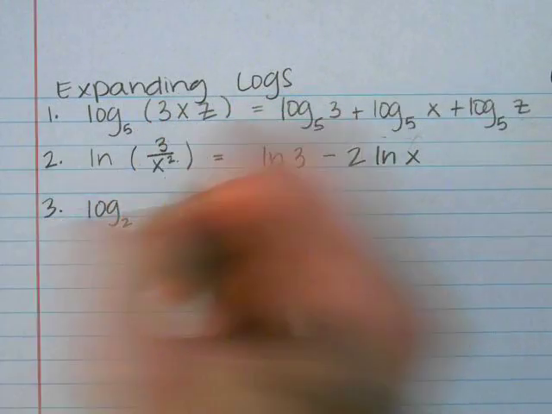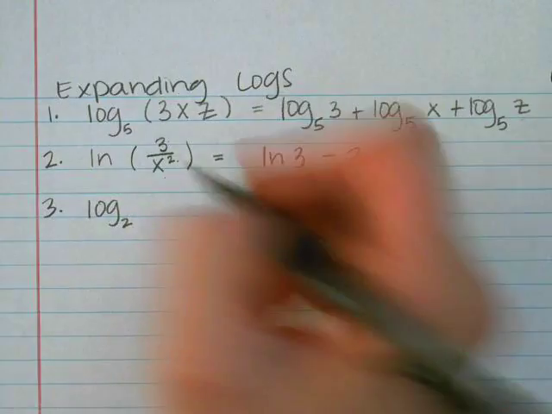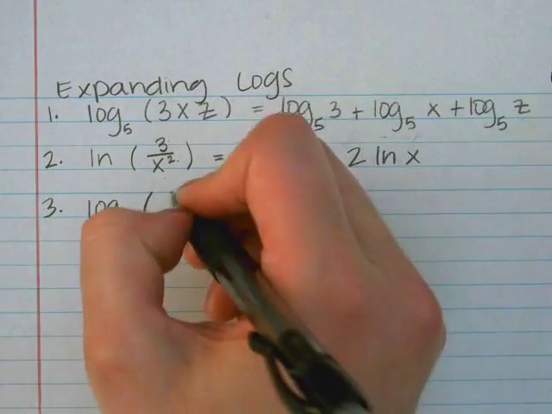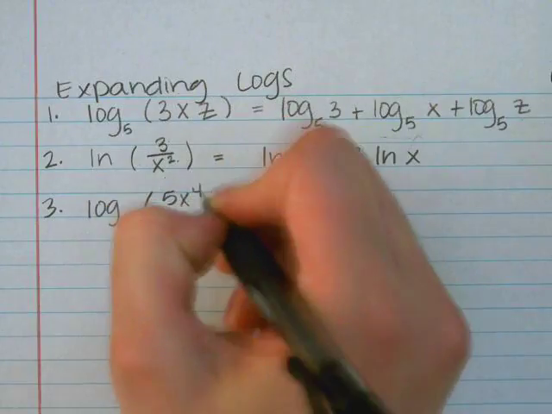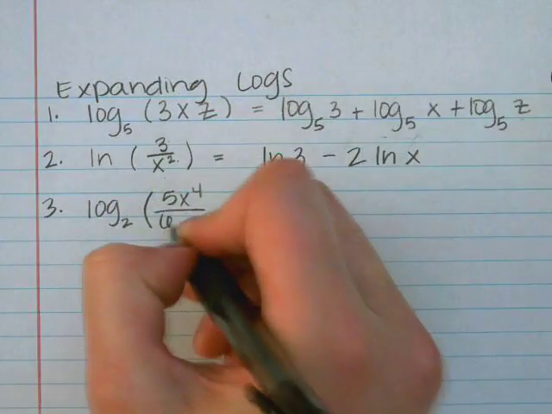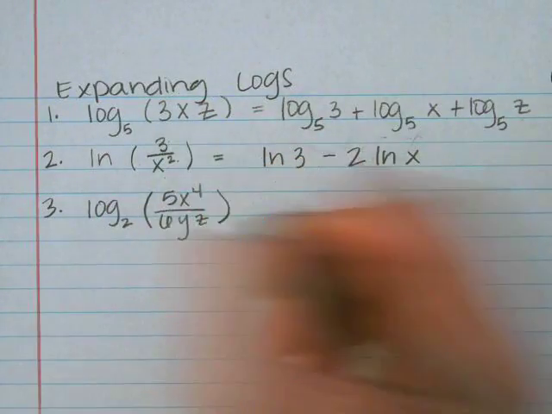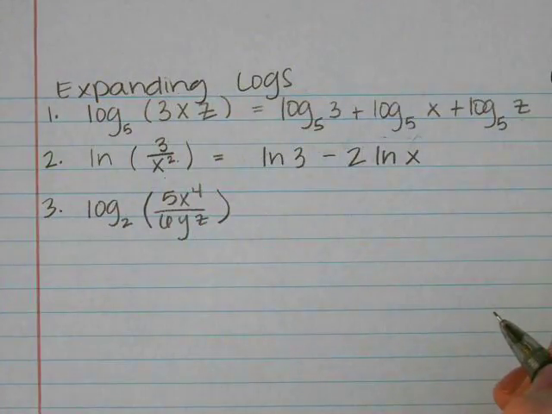All right, log base 2, and this time I'm going to give you guys a complicated one. Are you ready? So how many times are we going to write log base 2? 5.